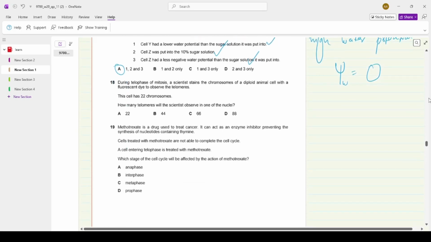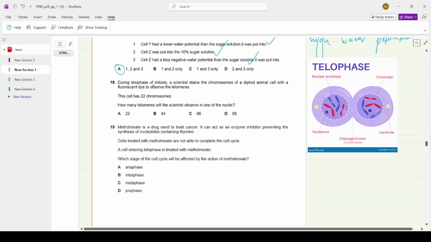Moving forward to number 18, during telophase of mitosis, a scientist stains the chromosomes of a diploid animal cell with fluorescent dye to observe the telomeres. The cell has 22 chromosomes. So we know in telophase, chromosomes have already separated. In metaphase they align at the equator, then in anaphase they separate and start moving towards the opposite ends of the cell.